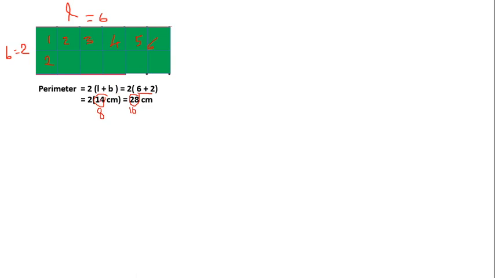Perimeter is equal to 2 in bracket 6 plus 2. 6 plus 2 is 8 centimeter, and 8 multiplied by 2, when you open the bracket, is equal to 16 centimeter. So what is the perimeter of the first figure? That is 16 centimeter.